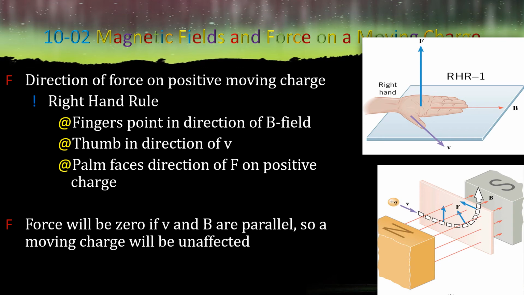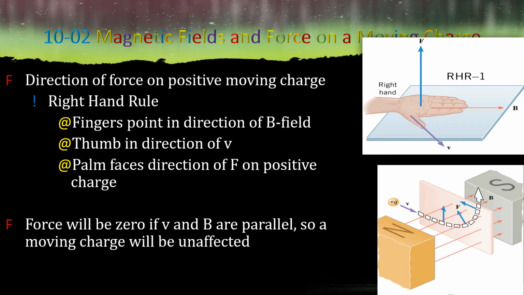This is the second case, when the force will be zero: when v and B are parallel, meaning the velocity, the motion of the charge, and the field make an angle of 0 degrees. So a moving charge will be unaffected like this.